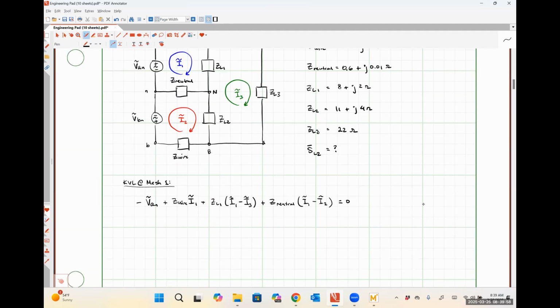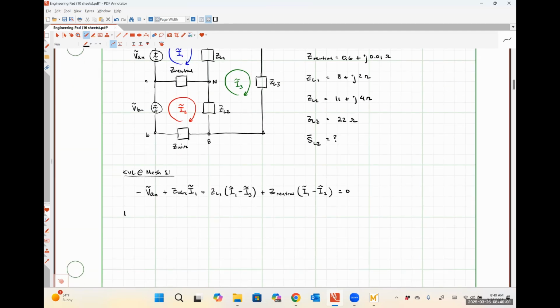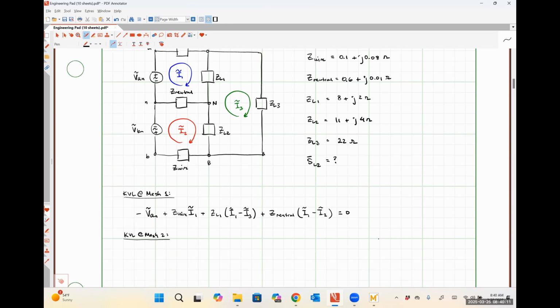And now we're going to start on our second KVL equation, which I'm going to write around mesh 2. So I'm starting from the bottom left-hand corner because that's just where I like to start things. So what's the first thing that I see?